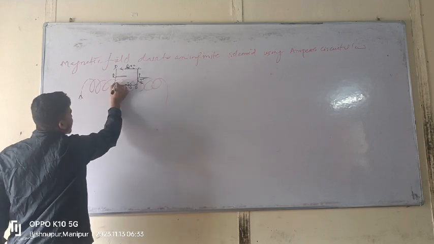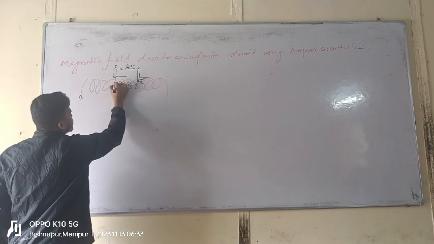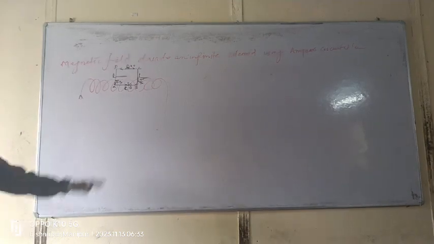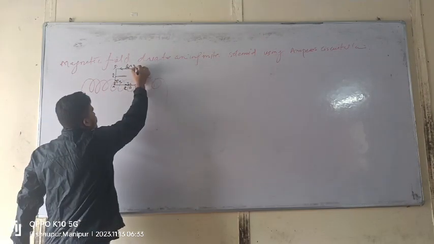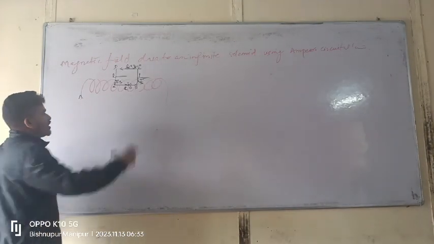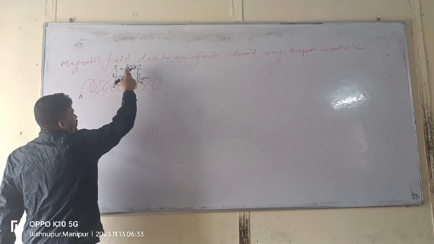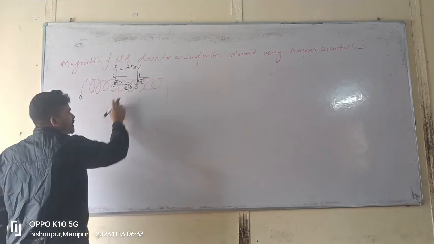Here 0, here there is magnetic field, the angle is 90. Here 90, here 90, here 180. There is no magnetic field outside the solenoid, B is 0 there. So 90, 90 and 0.